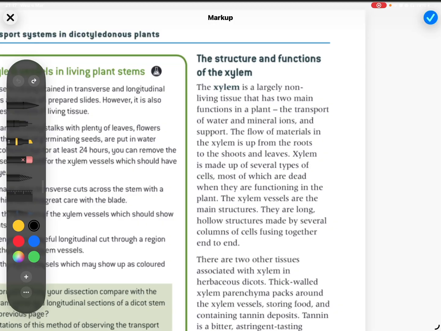This is quite important. It transports water and mineral ions. Now, what do you remember? You remember that the roots take up water, and that the roots take in mineral ions. So what does that tell us about where it's coming from? It's coming from the bottom of the plant, in the roots.